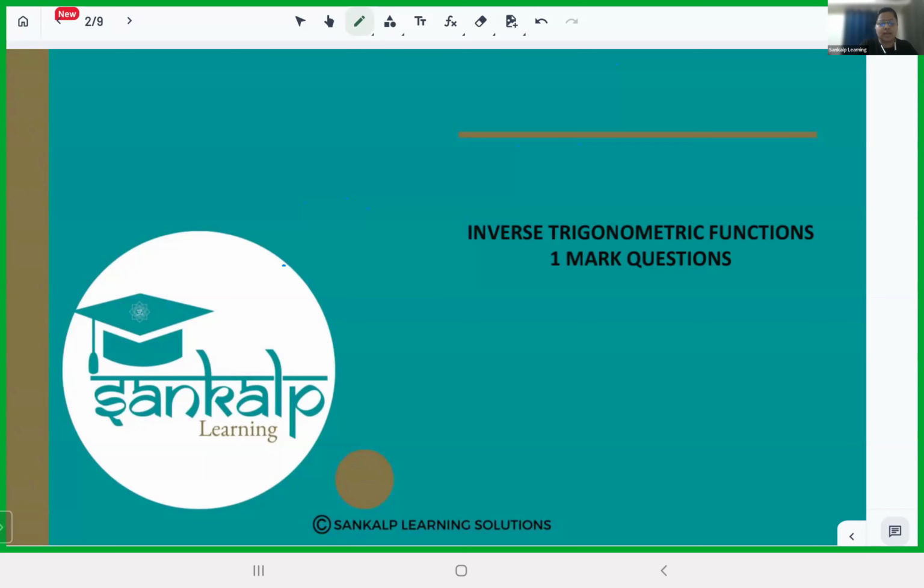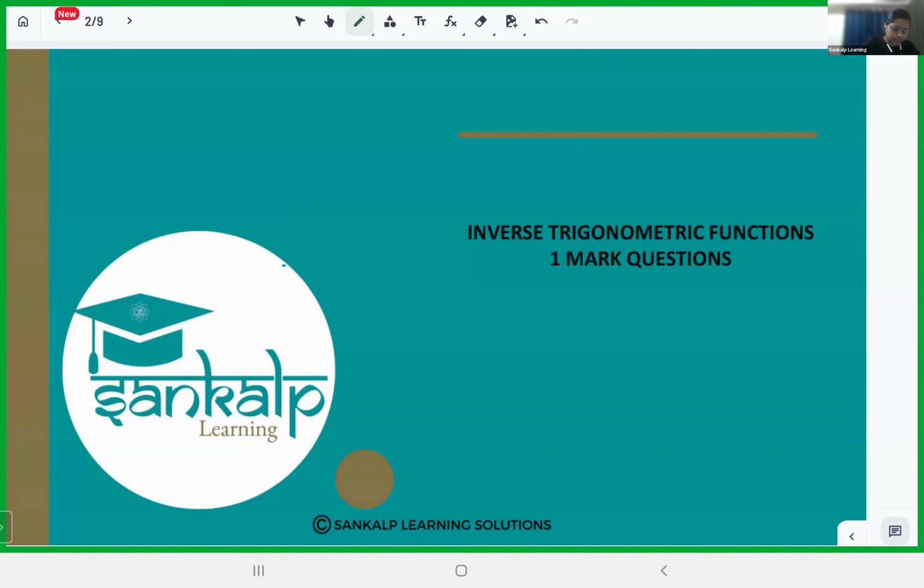For everything you should know, but if you don't know at least the domain and ranges of these functions, you cannot answer the 1 mark question properly. Completely it is based on that topic. So we'll just have a quick reflection on the domain and ranges of each inverse trigonometric function.